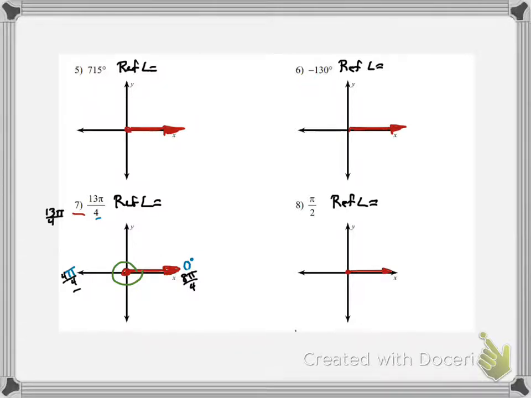And I drew 8 pi over 4, which leaves me 5 pi over 4 left to be drawn. If I draw another half a circle, that's 4 pi over 4, but I need 5 pi over 4. So I just need 1/4 more.